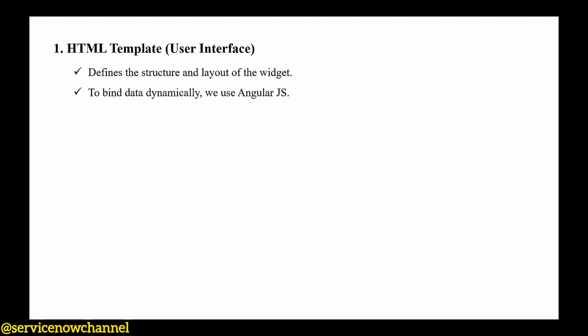To build the structure and layout of the widget, the HTML template is used, but to bind data dynamically we use AngularJS. If a user enters a form, it should update dynamically between front end and back end. For that, we are using AngularJS here.